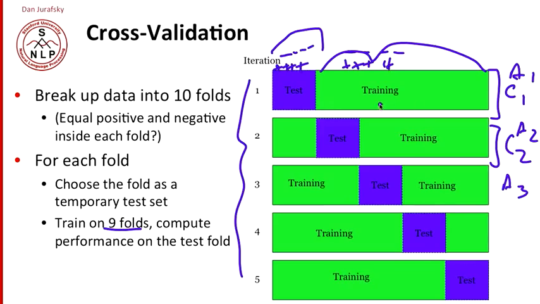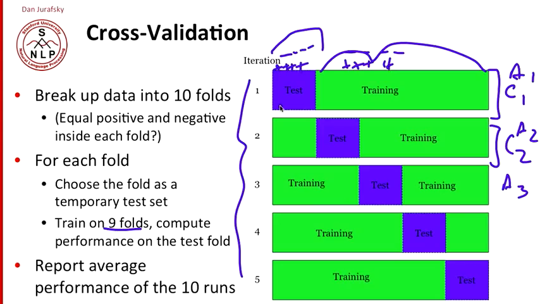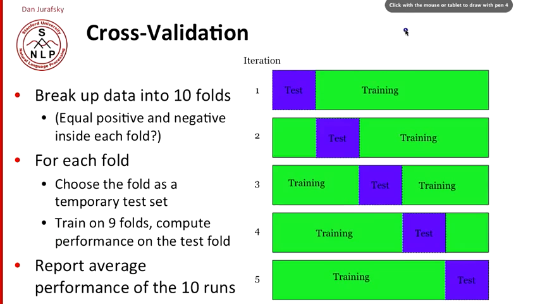Each time we're training on a fold and computing our accuracy. We'll take the average of all those and we'll report the average of these 10 runs, each one training on 9 folds and testing on 1 test fold. And in general, it's nice if we also add a final test set.